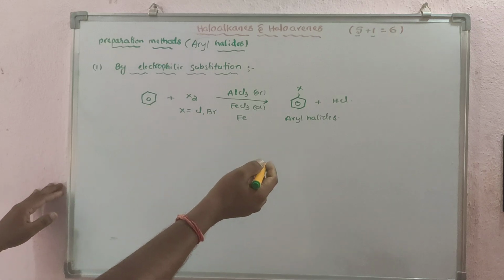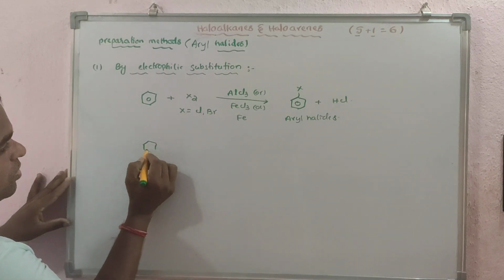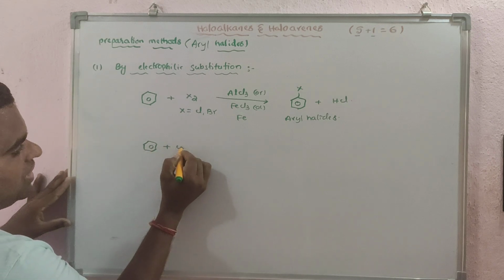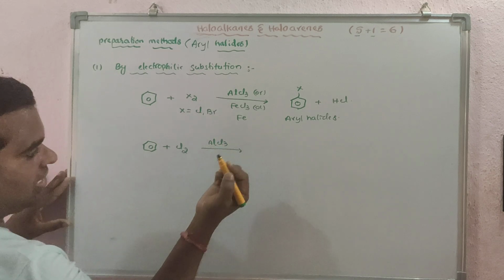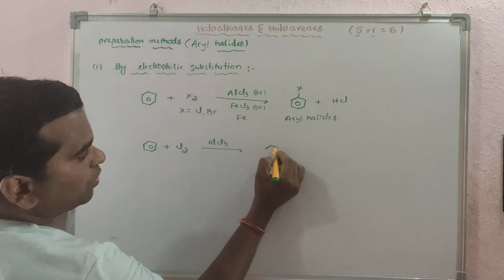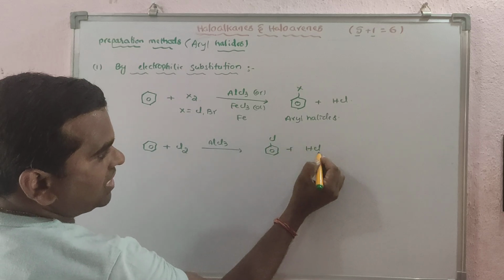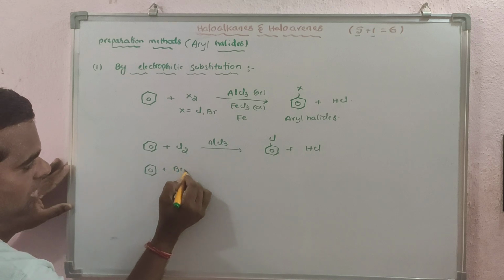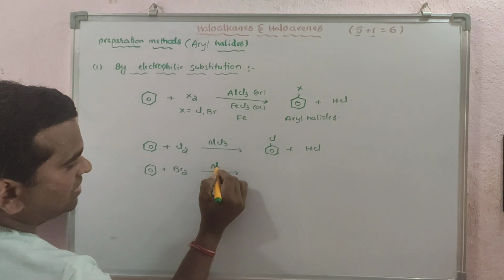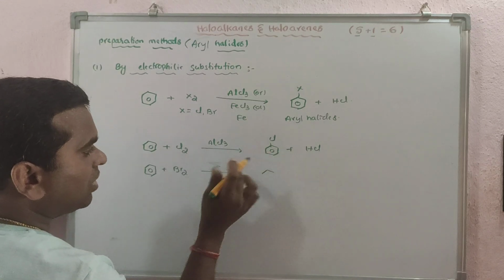The mechanism is there, but you have already studied the mechanism in the first year, so I will not discuss it again. Suppose I take the example of benzene treated with chlorine in the presence of AlCl3; then you will get chlorobenzene plus HCl. If I take bromine here, then sometimes they will give Fe also.